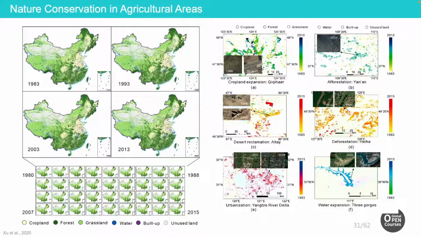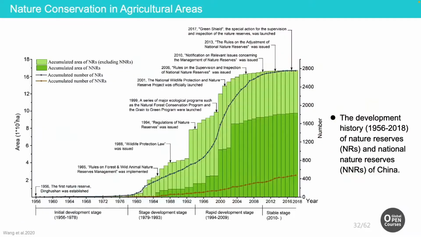This kind of map is very useful to monitor the progress of China's nature conservation. China's nature reserves, or protected areas, have been increasing along the years. Since the establishment of the first protected area, the Tsinghua Nature Reserve, China has established a 10,000th protected area, covering around 18% of its land and around 5% of its sea area.